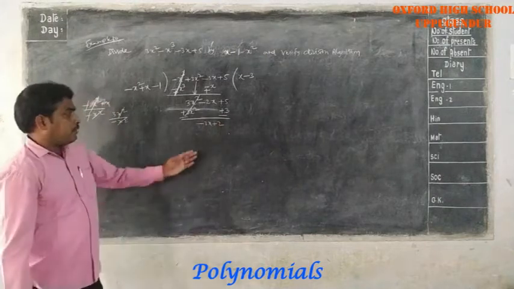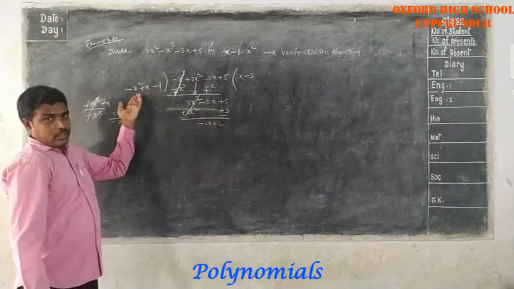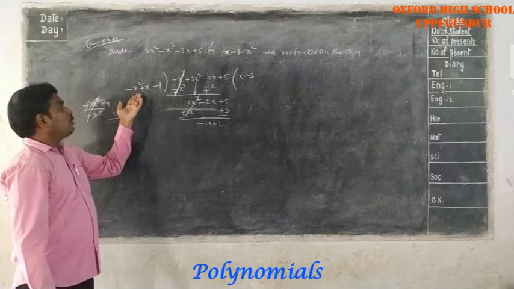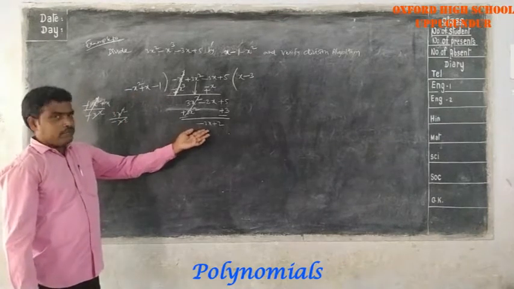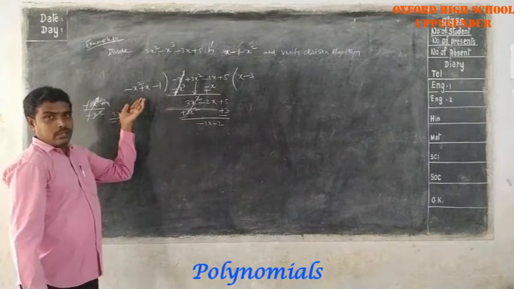So when you observe the remainder, here the degree of the divisor is 2, the degree of the remainder is 1. So the degree of the remainder is always less than the degree of the divisor.